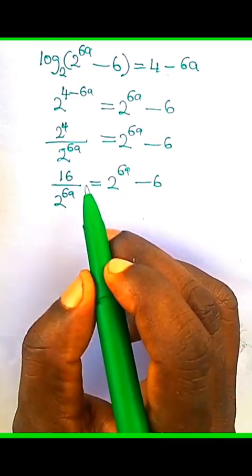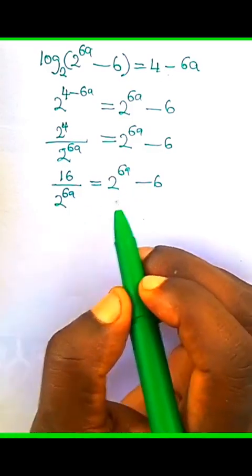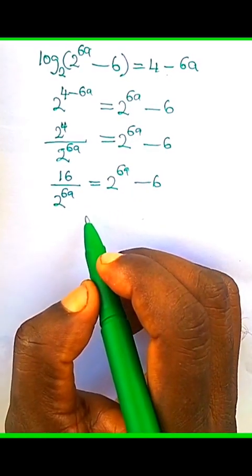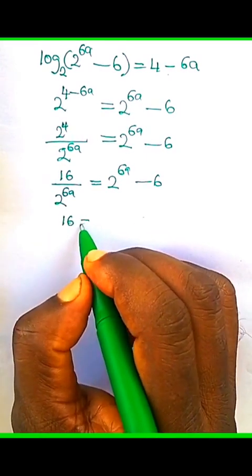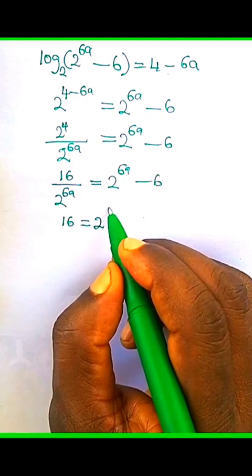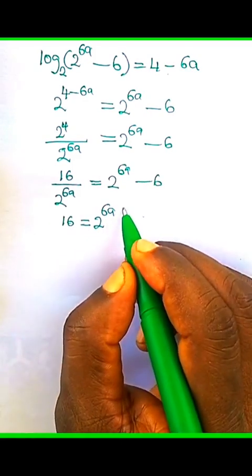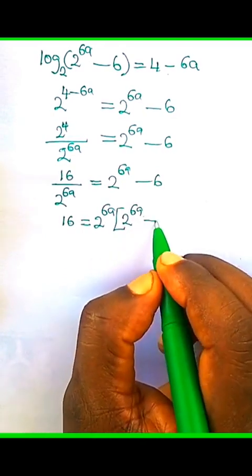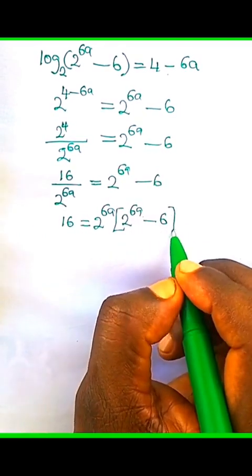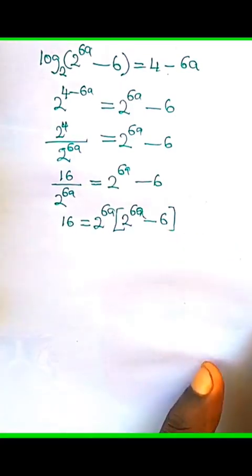So this will now give us what? 16 equals 2 to the power 6a into 2 raised to the power 6a minus 6. This is a, mind you.